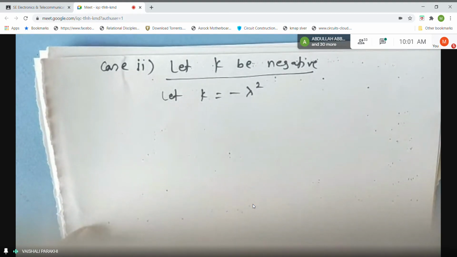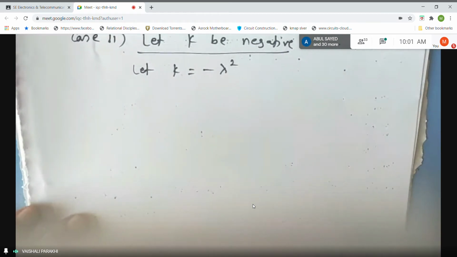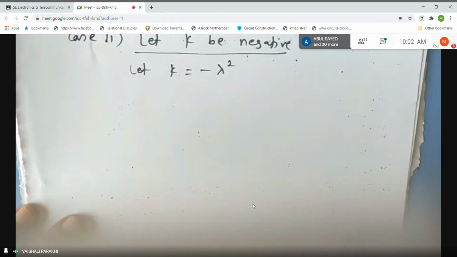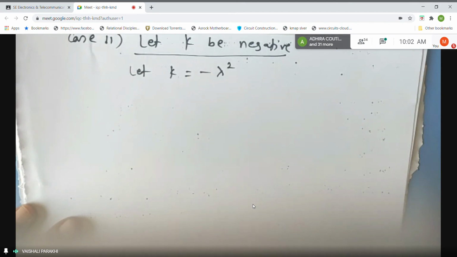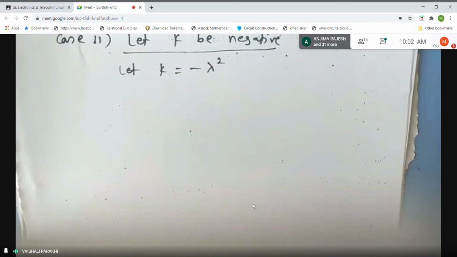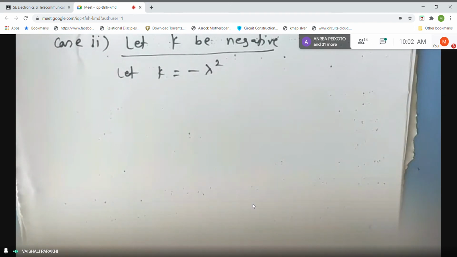So if I give a negative sign outside, then it will become negative. I'm not writing it as minus lambda the whole square. See the difference. I'm giving the negative sign to lambda square. Understood? So even if lambda is negative, its square will become positive and then the outer minus sign will indicate that it is a negative number.